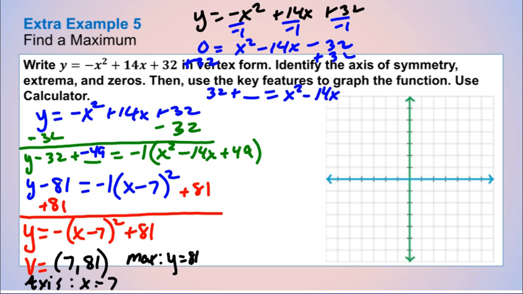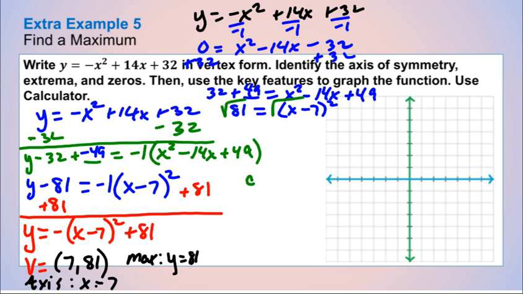Half of negative 14 is negative 7. Negative 7 squared is 49, so positive 49. So I'm going to add 49 to both sides. And now I'm left with 32 plus 49, which is 81, equaling a perfect square. I have (x minus 7) squared. So to undo it, find the square root of both sides.